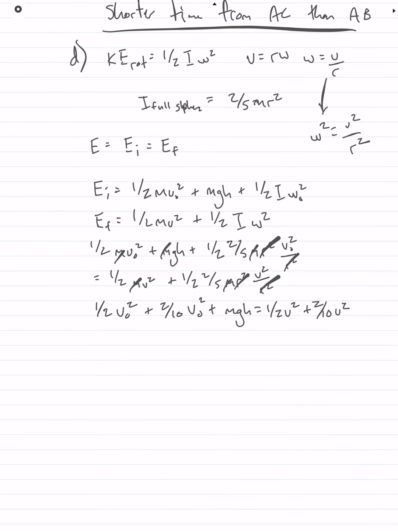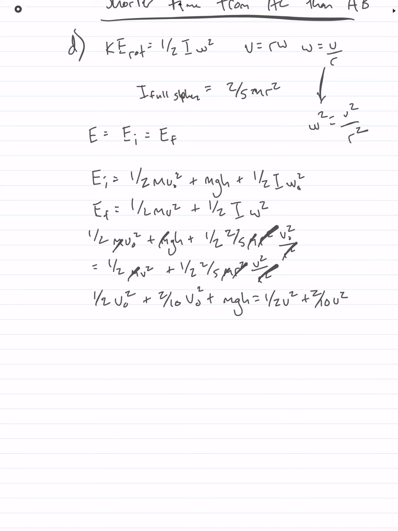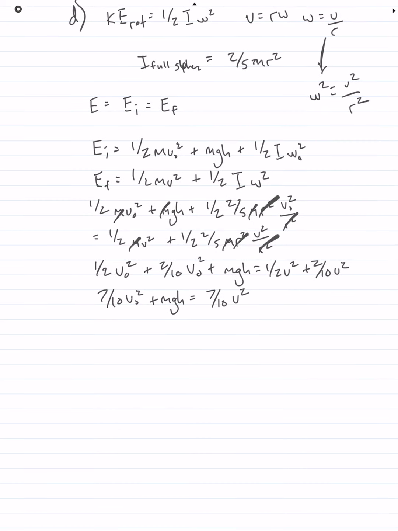Okay, now one little bit more of simplifying. So we have 1/2 plus 2/10, which is going to be 7/10. v0 squared plus gh is equal to 7/10 v squared. Now I'm going to divide everything by 7/10, which will cancel out the 7/10 here, and this will now be 10/7 times the v0 squared plus gh. It's going to be equal to v squared.